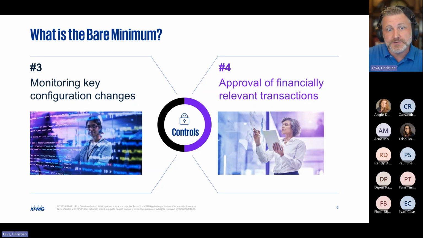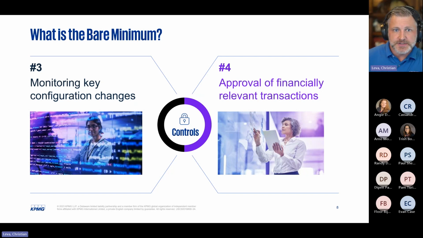If your workflow is driven by routing based off of level of authority approval limits and all that kind of stuff, those are configurations in the system which are key to how your business processes run. That's a key configuration change. Things like a logo on the top left screen or the color schemes or filtered lists, things like that, those aren't really key. Make those changes all you want. Things that impact the financials, that's what I mean by key configuration changes.